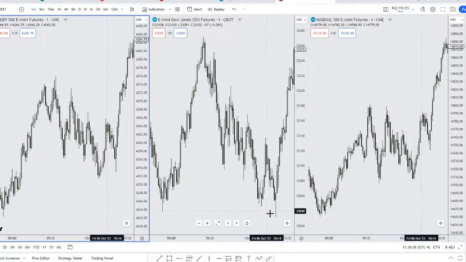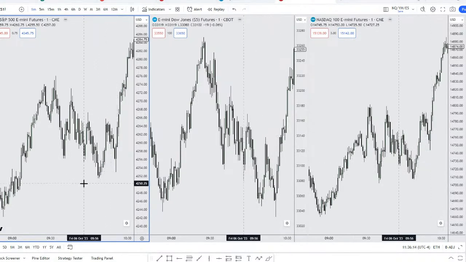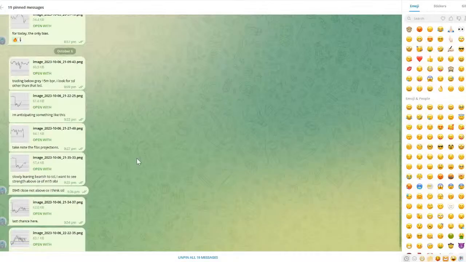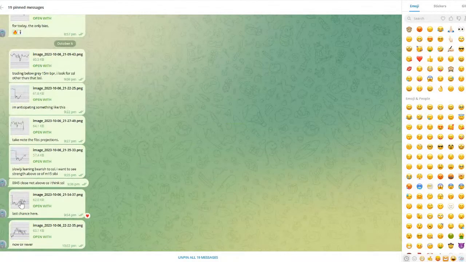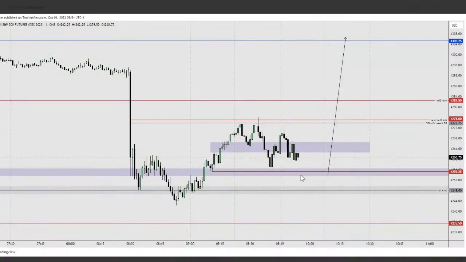Can you see SMT, lower lows, higher lows, higher lows? Which is why I have the framework 2 for this trade here.